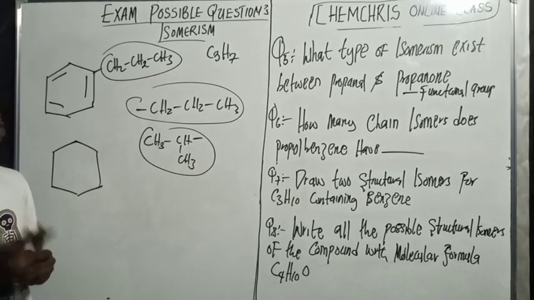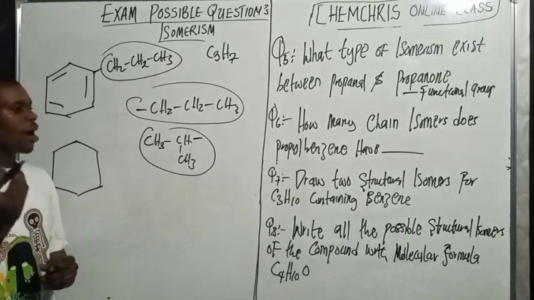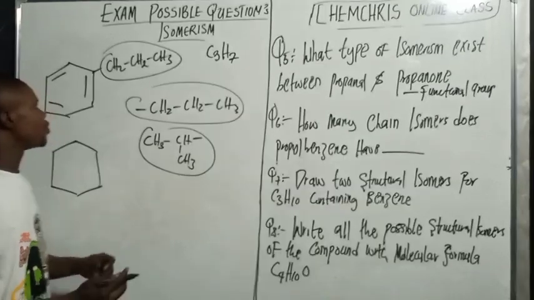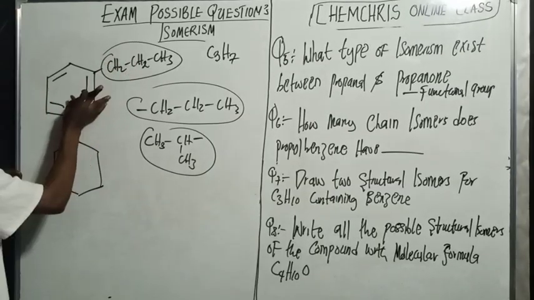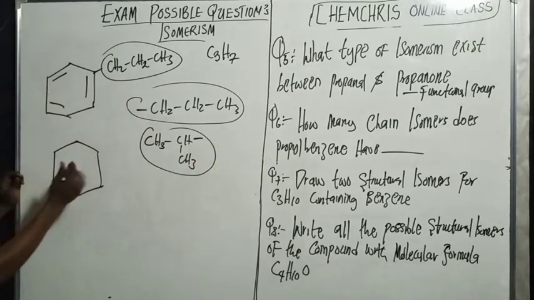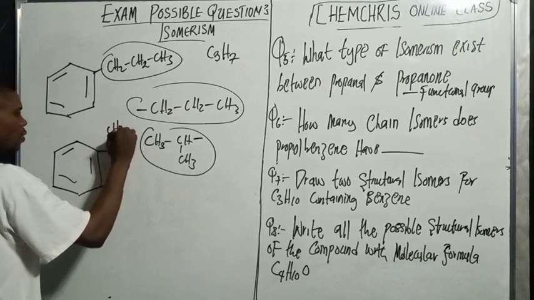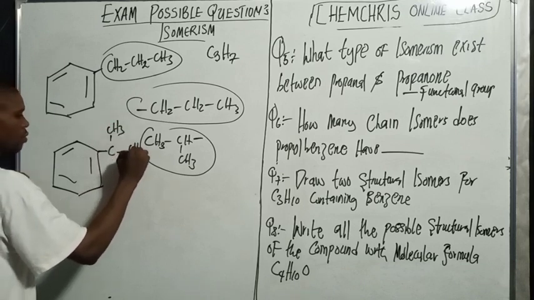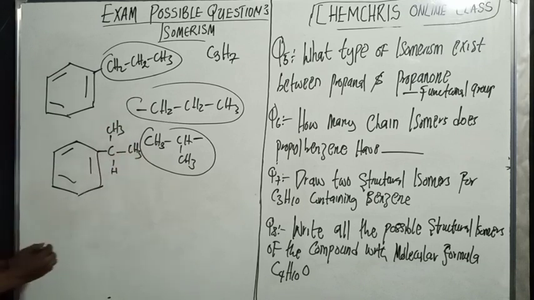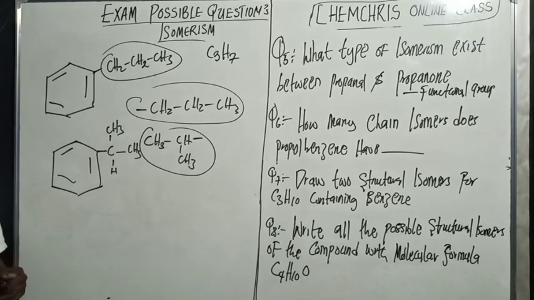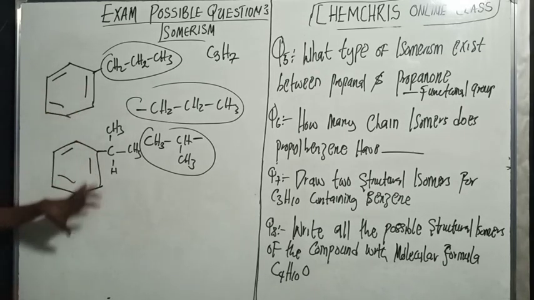So they're asking how many chain isomers propyl benzene has. So this one is the first one, propyl benzene. Then isopropyl benzene also exists. This is called isopropyl.